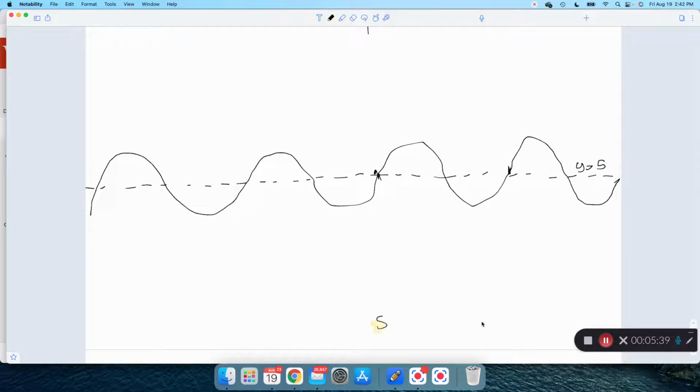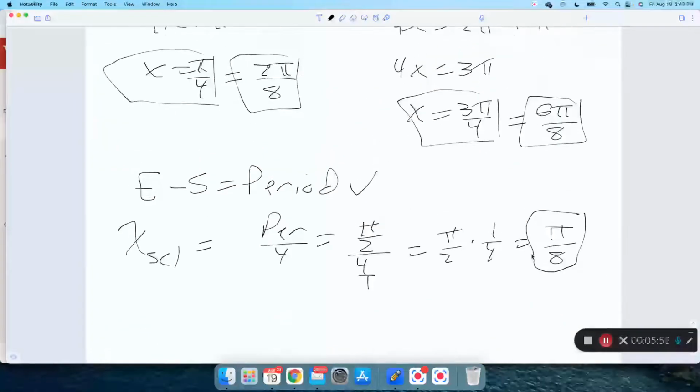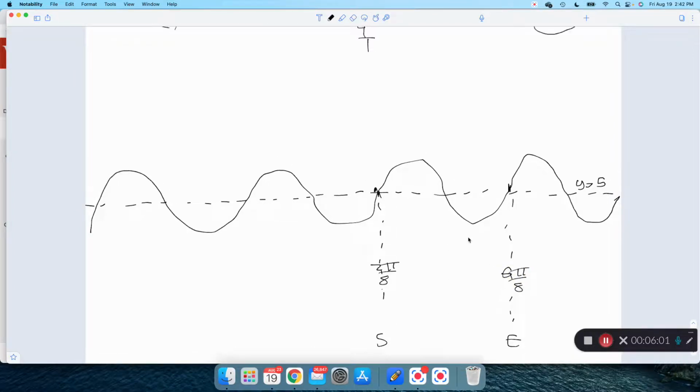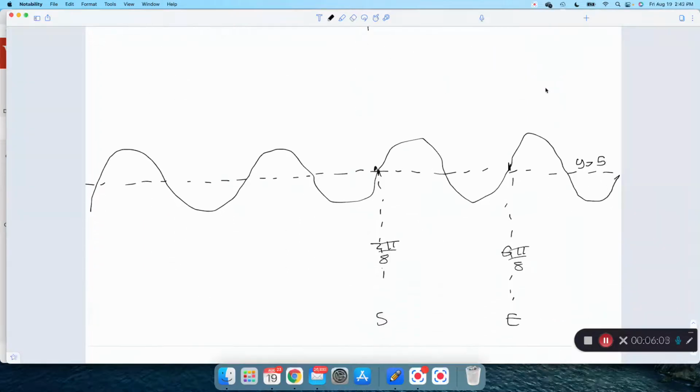So there's start. I'm going to go down here a little bit and end. And I know what those numbers were. 2 pi over 8. And 6 pi over 8. And I'm counting by my scale, pi over 8.